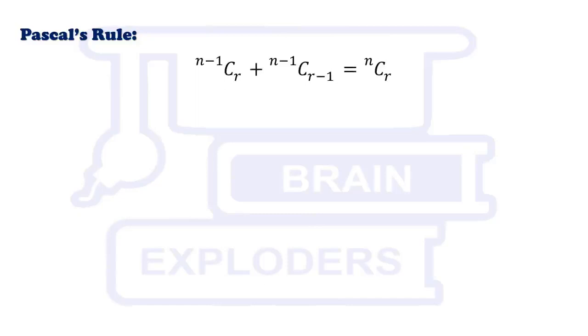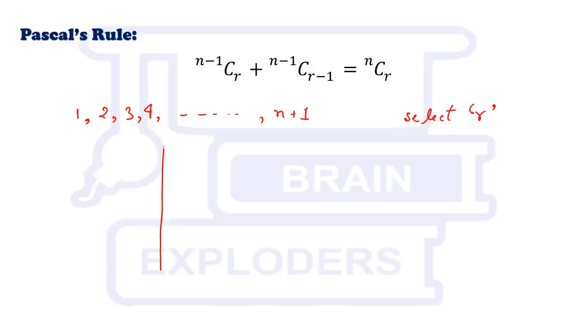Pascal's rule. There was a similar theorem in the permutation also. So let's discuss this. 1, 2, 3, 4 up to n plus 1. Suppose we have these n plus 1 objects, and we have to select r from these.